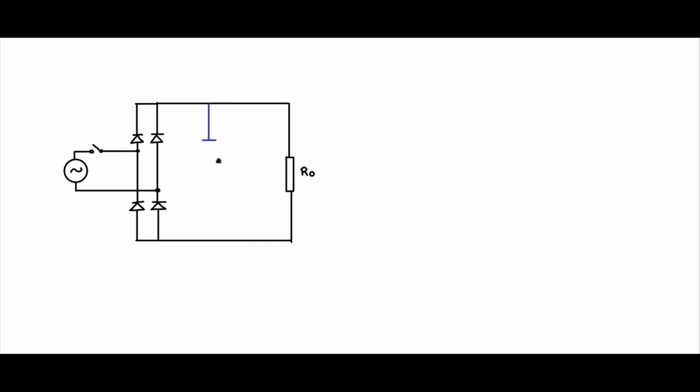I will now split the capacitor into two parts in this fashion. So you see that now I have two capacitors in series. So when you connect this, when the capacitors are getting charged, it will charge up in this fashion. However, there is no discharge path into the load because of the presence of this diode.